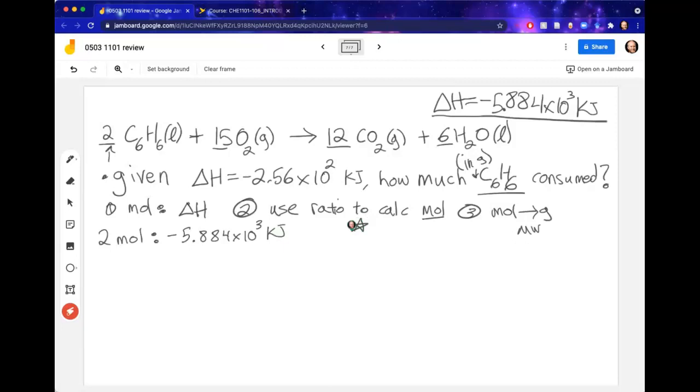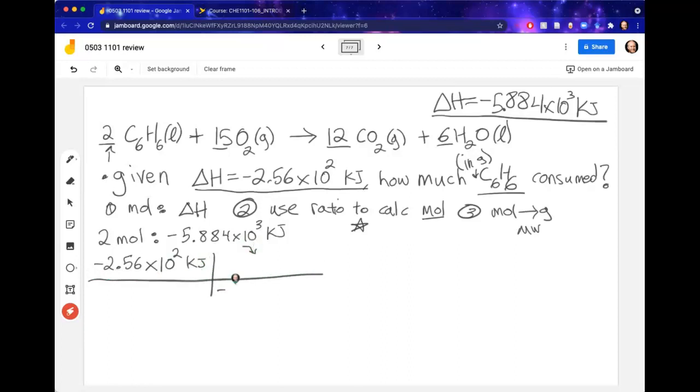Now we're going to use that ratio, combine it with the amount of heat given on this process, and that will tell us how many moles of C6H6 have been consumed. So we start out with negative 2.56 times 10 to the 2 kilojoules. And we snap this ratio in place.